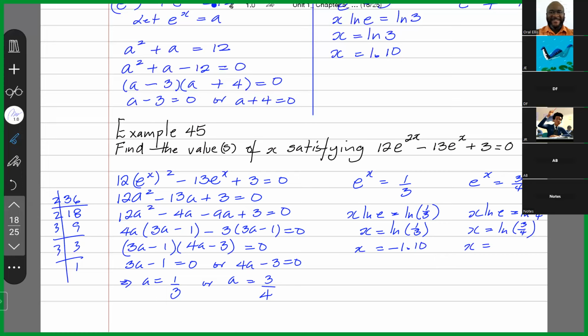Let's find ln 3/4. And this is x is equal to minus 0.288.